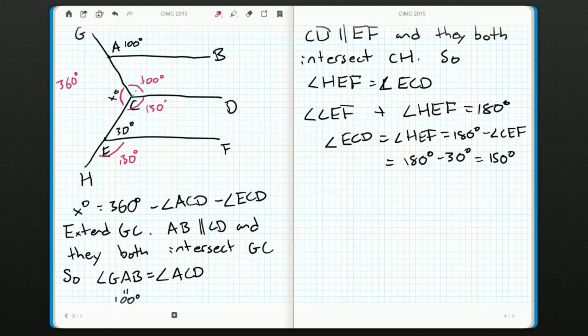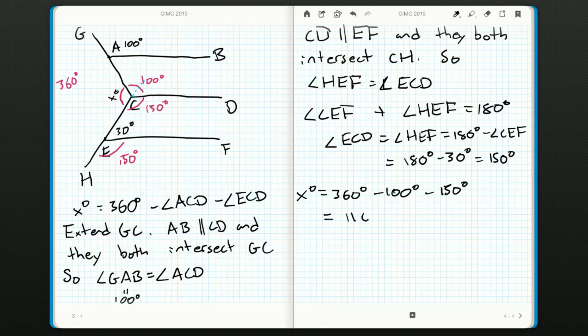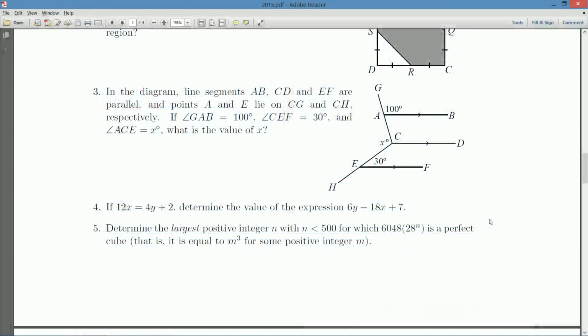Now I can figure out angle X. So X degrees is 360 degrees minus 100 degrees minus 150 degrees. And that's going to work out to be 110 degrees. So X is 110. I believe we were asked for the value of X specifically, not X degrees. Yes, what is the value of X? So there you have it, 110.